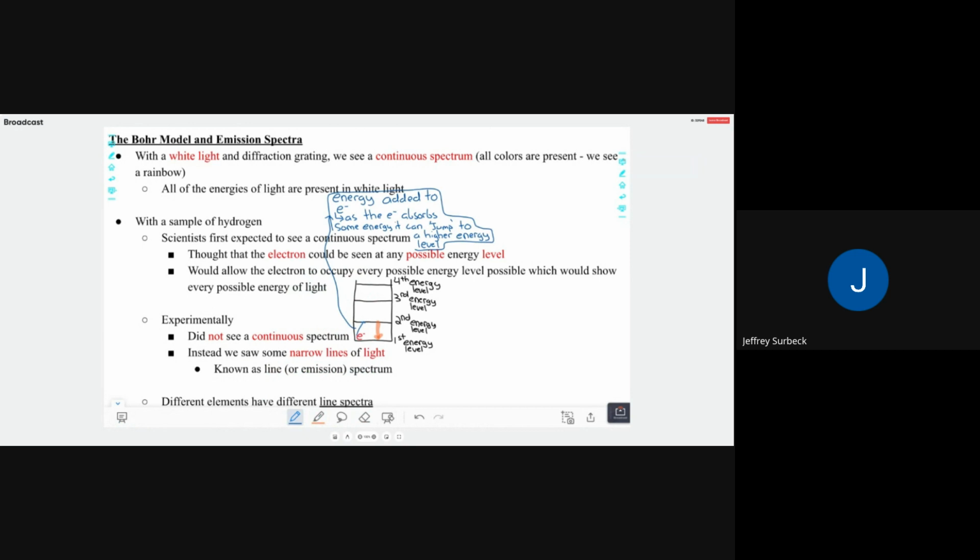All right, now I want to talk about one really key point to all of this. I'm going to make this a different color to emphasize it: the electron is going to prefer to be at the lowest energy level, so the electron gives off some energy by emitting light, okay?